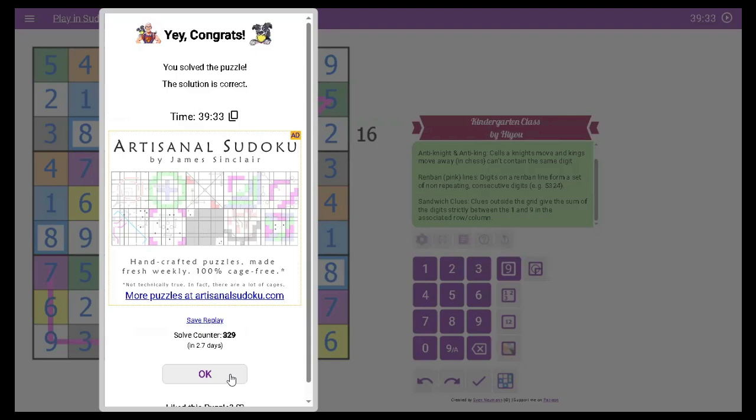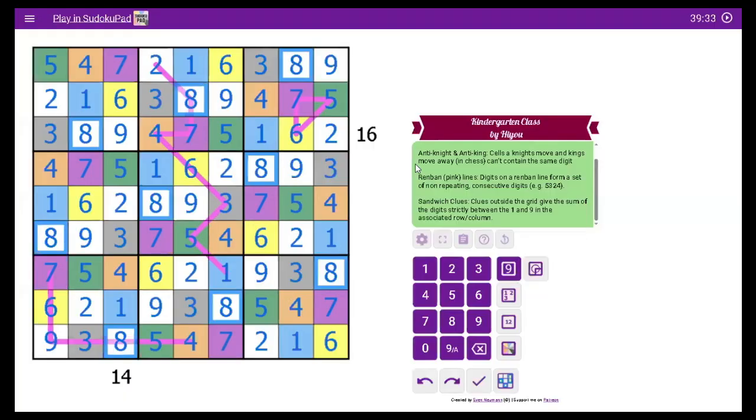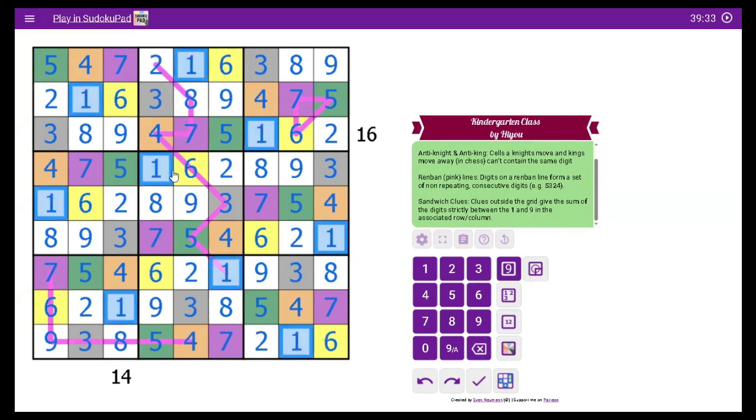That is incredible. 39 minutes, 33 seconds. 329 people have solved this in less than 3 days. Now let's appreciate how the anti-knight and anti-king, combining those rules together is very powerful. Notice how all the digits are kind of in like an elongated knight's move away from each other, right?